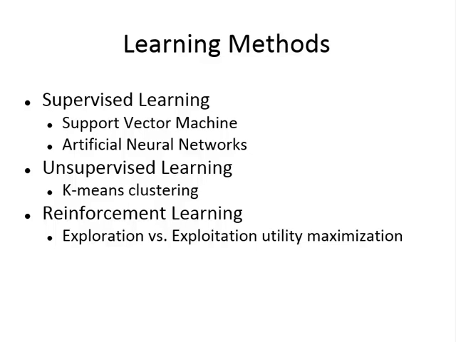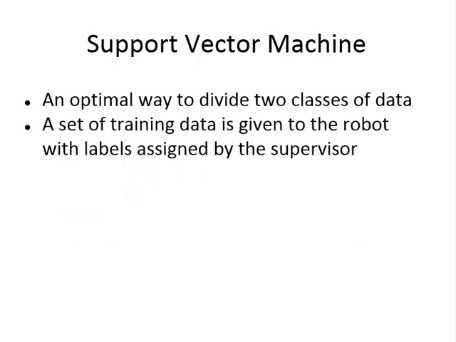Within the supervised learning category, we're going to look at two specific methods, one called support vector machine and another called artificial neural networks. Within the unsupervised learning category, we will look at one method called k-means clustering. And within reinforcement learning, we'll look at one method called exploration versus exploitation utility maximization.